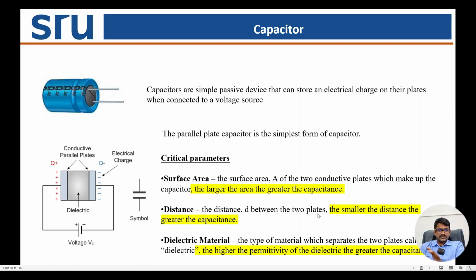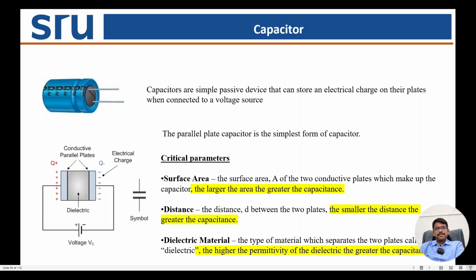That is the second parameter. And the third parameter is the dielectric material, the type of material which separates the two plates. The higher the permittivity of the dielectric, the greater the capacitance.